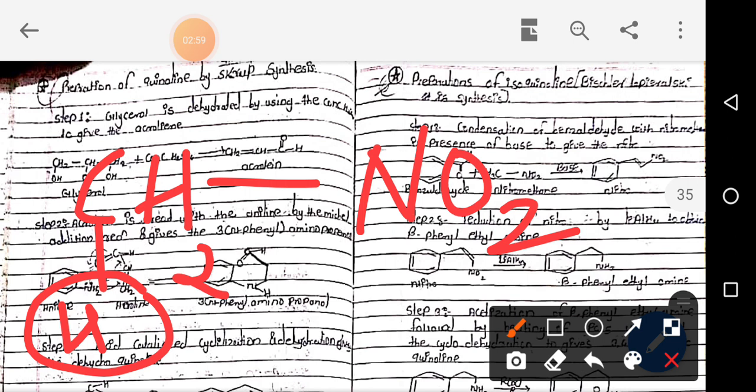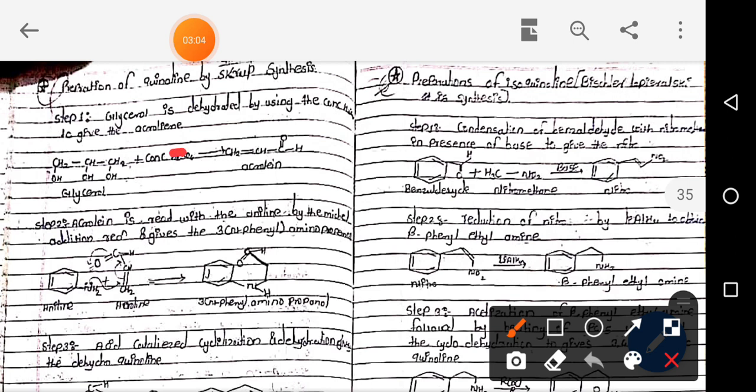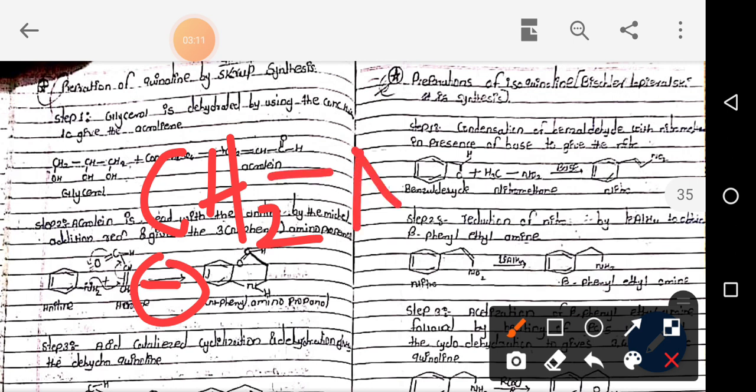So after removing the H plus, it becomes CH2 minus NO2.